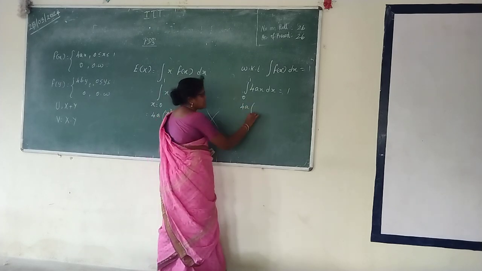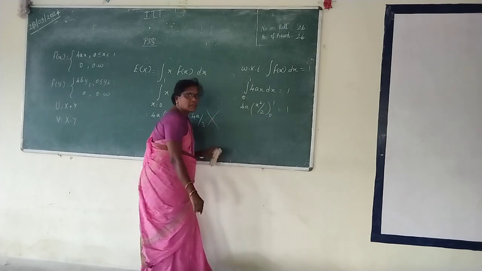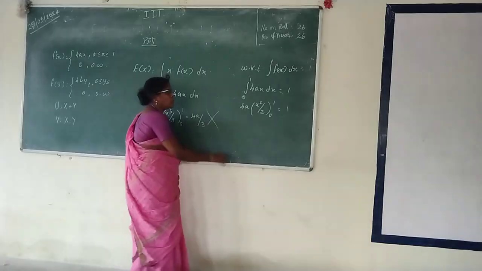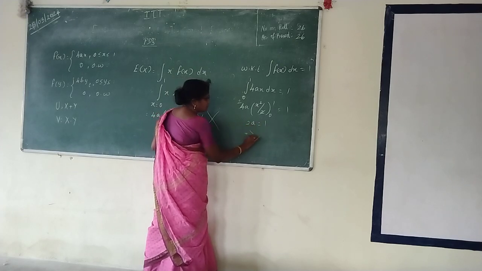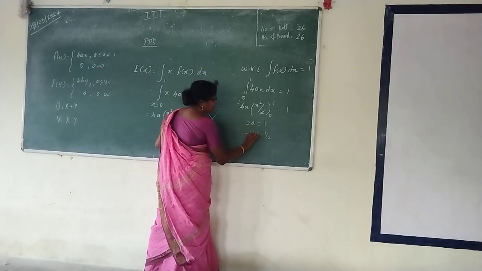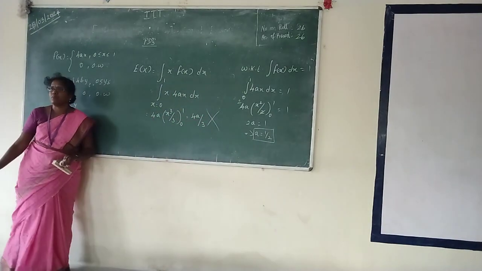Integral of x is x squared by 2, within the limit 0 to 1, equal to 1. Upper limit x is equal to 1. So you will get 2a equal to 1. So what is the a value? 1 by 2. A value equal to 1 by 2.